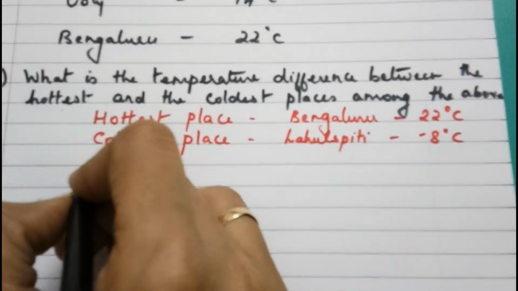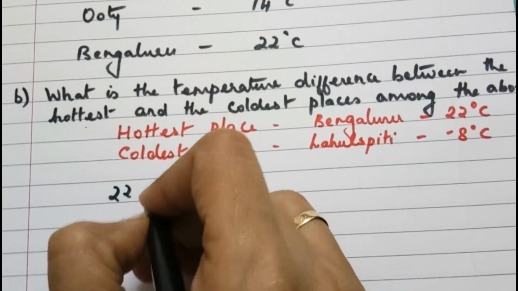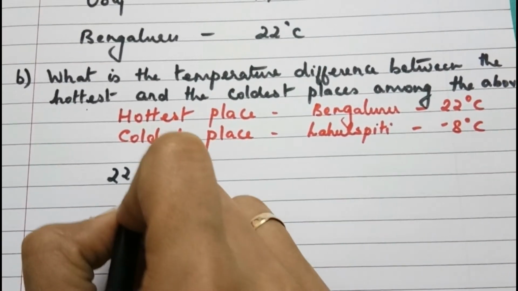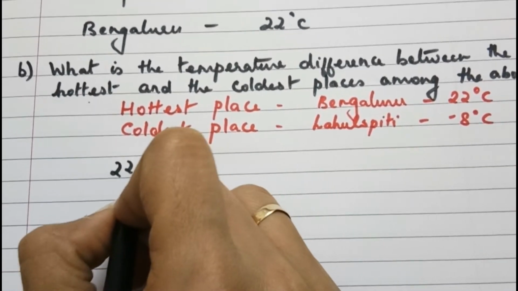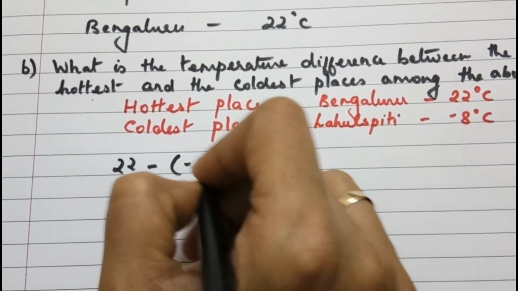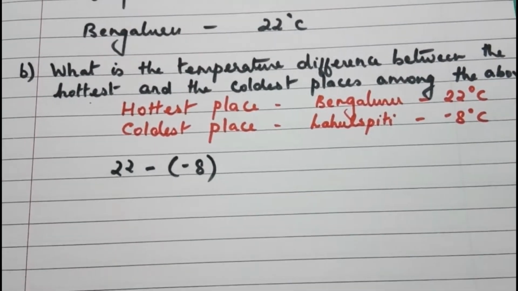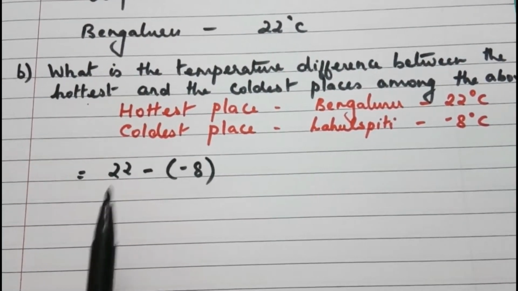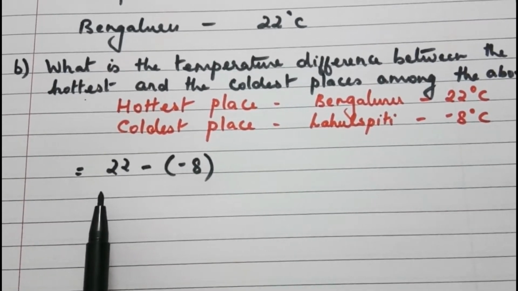We have the figures 22 minus, since we have to find the difference, we need to put the minus sign. So 22 minus (-8). That is what we have to calculate, the difference between the hottest and the coldest place.